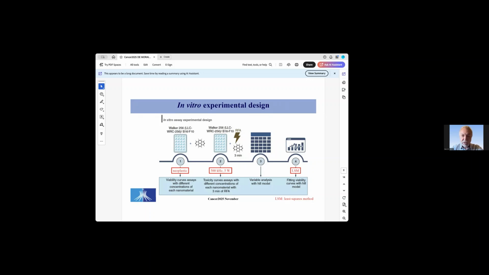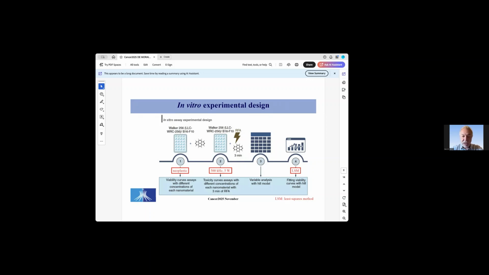These two cell lines were first treated only with the nanocomposite, increasing the concentration, just to test the toxicity of this nanomaterial against these two cell lines.